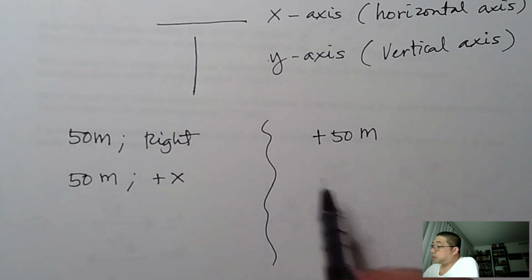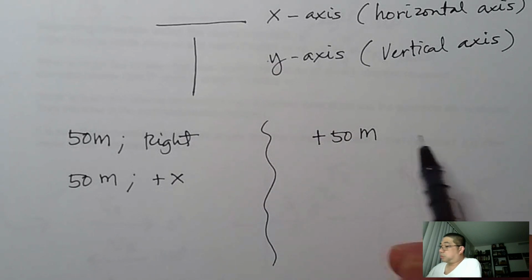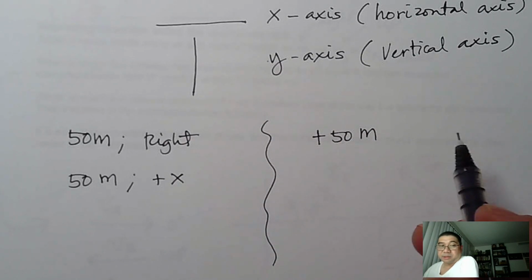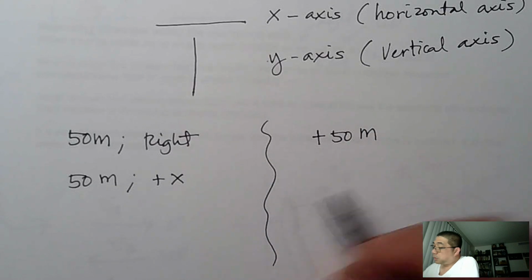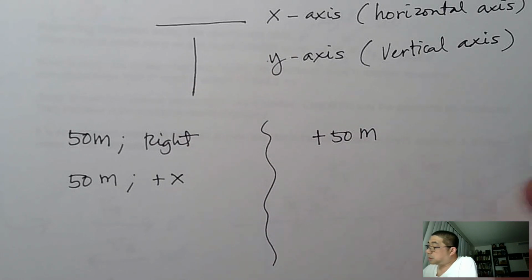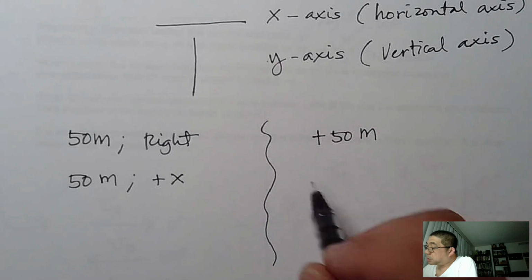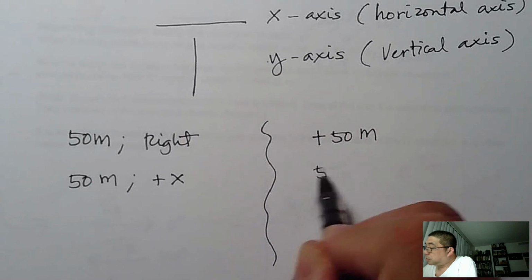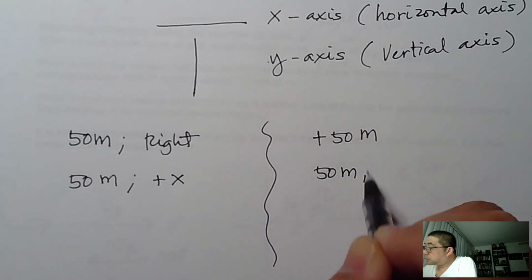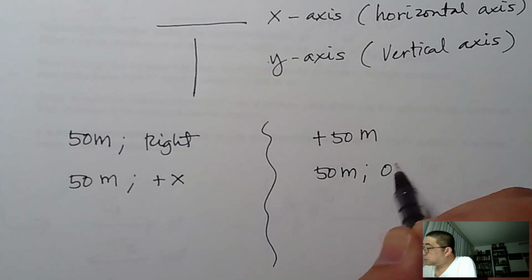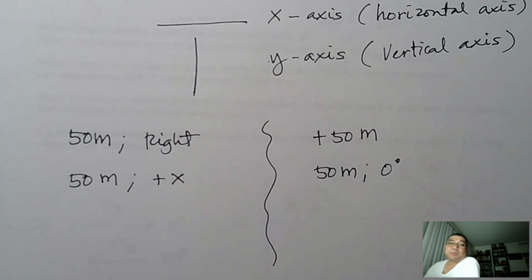So it means 50 m along the x-axis, or we can put 50 meters 0 degrees. We all know when it's 0 degrees, it's going to the right.